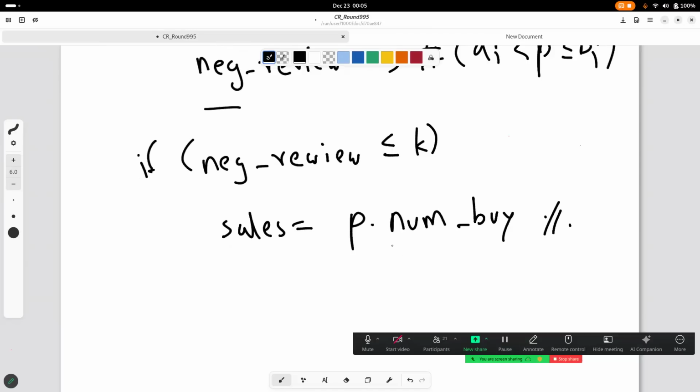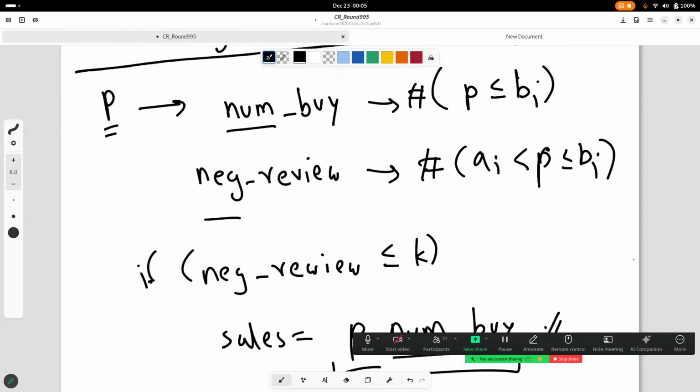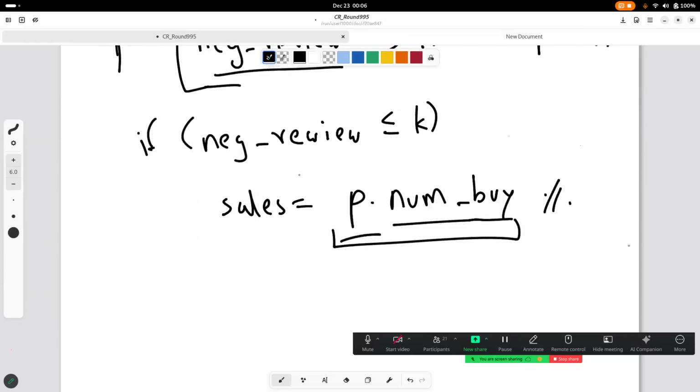Since this many people buy the tree and each tree is sold at price P, your total sales would be P times num buy. These two variables, along with P, decide what your sales will be.